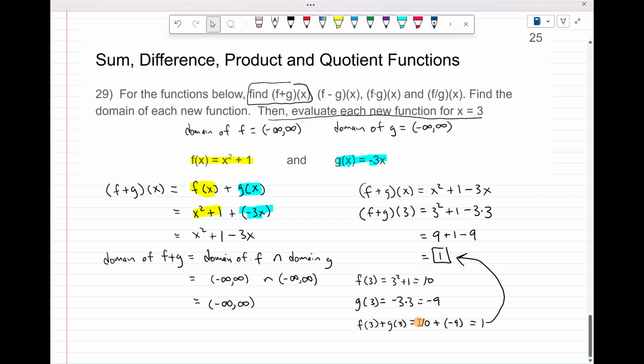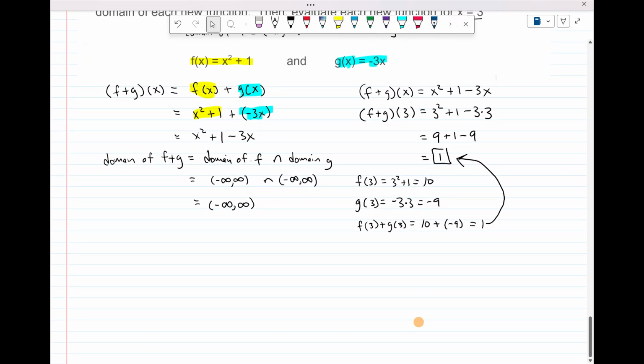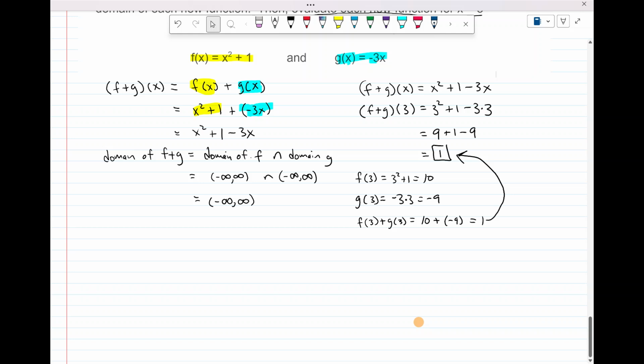So let's go through this process again. Let's find f minus g of x. And again, this will be f of x minus g of x. And then I just replace f of x with what it's equal to, which is x plus 1, and I replace g of x with what it's equal to, which is negative 3x.